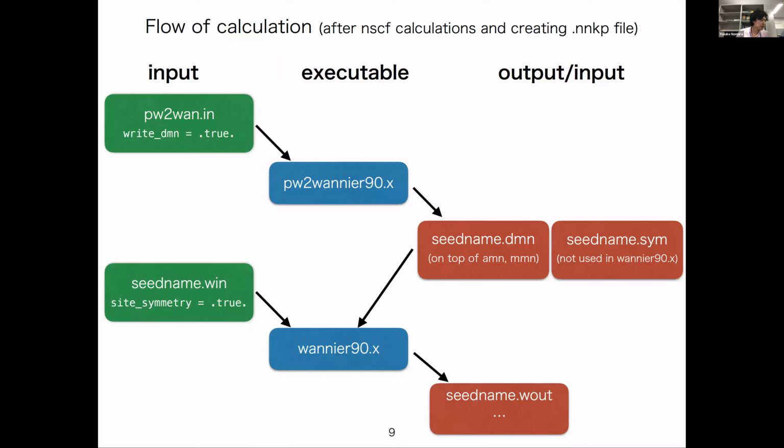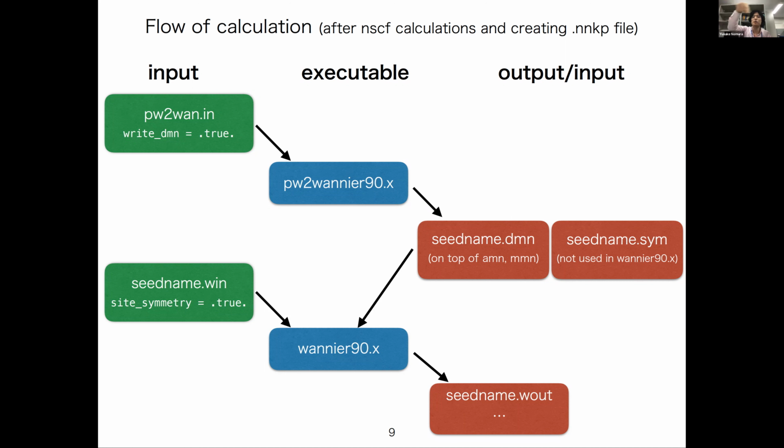In principle, I have never tried to create the Wannier function in the gamma only case. Because to create Wannier functions, we basically need the uniform K-mesh, right?